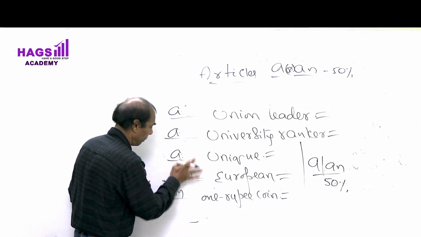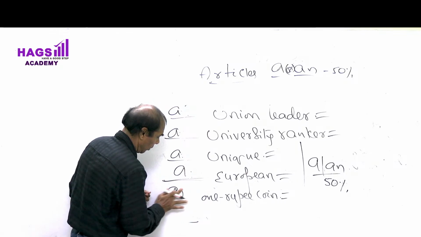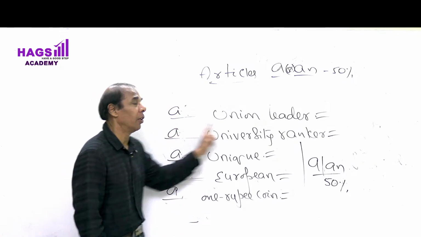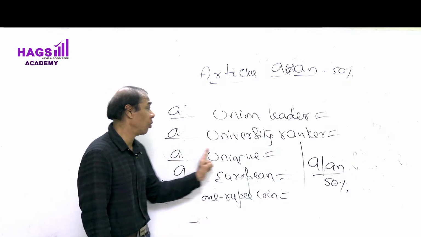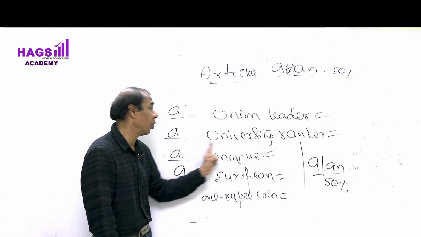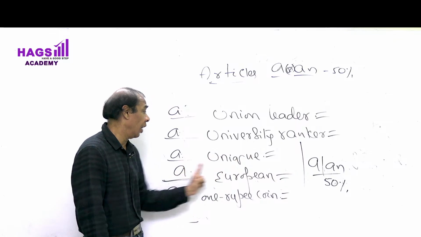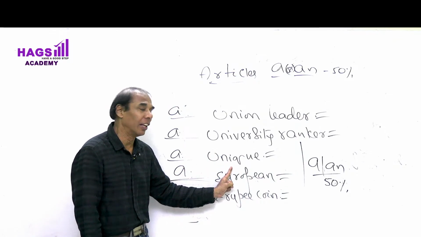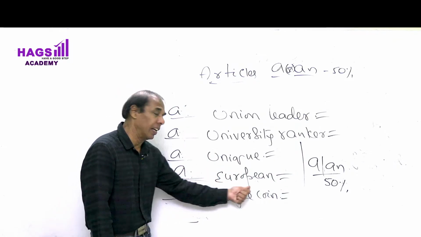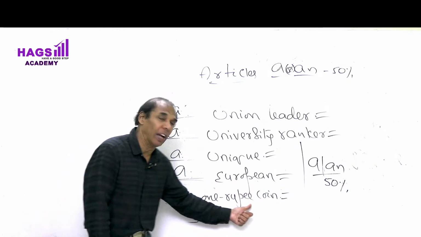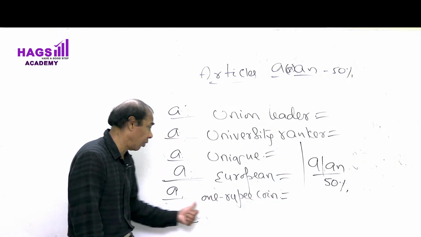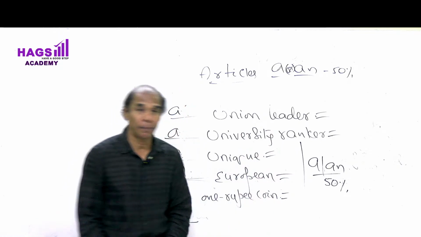A. So what is the answer? A union leader is correct. An union leader is wrong. A university ranker is correct. An university ranker is wrong. A unique is correct. An unique is wrong. A European is correct. An European is wrong. A one rupee coin is correct. An one rupee coin is wrong. Note down.